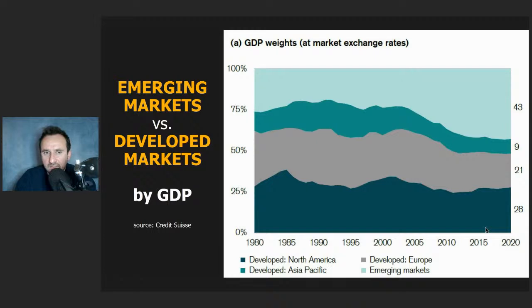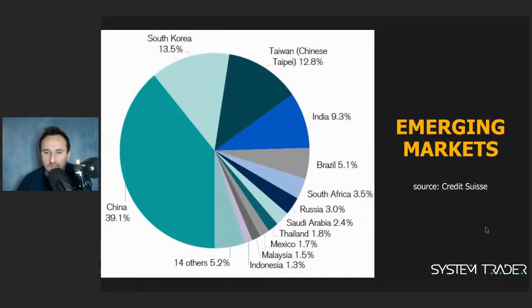But if you take another measure, GDP, then emerging markets have 43% of global GDP, which is more than capitalization. And the biggest countries in emerging markets, as I said, almost 40% is China, 39.1 exactly on that picture from 2020, I believe. Then you have South Korea, 13%, Taiwan, 12%, India, 9%, Brazil, 5%.